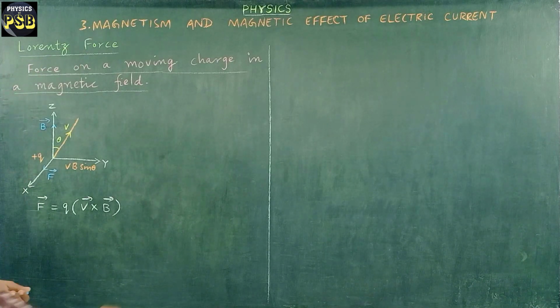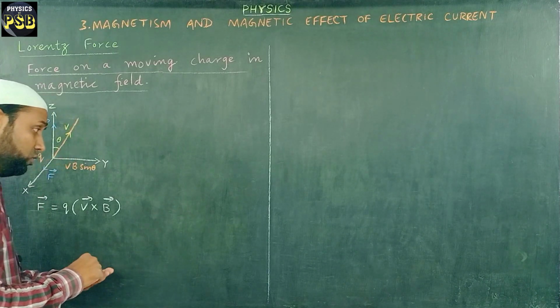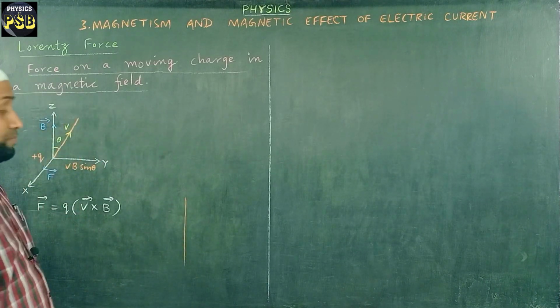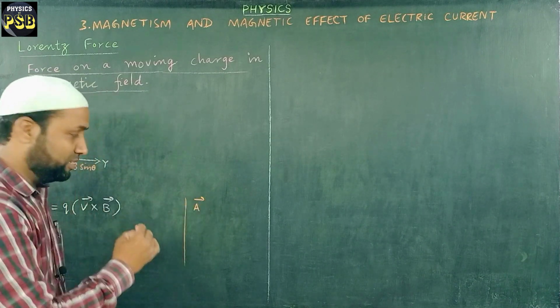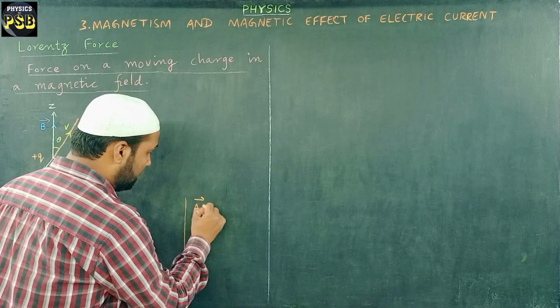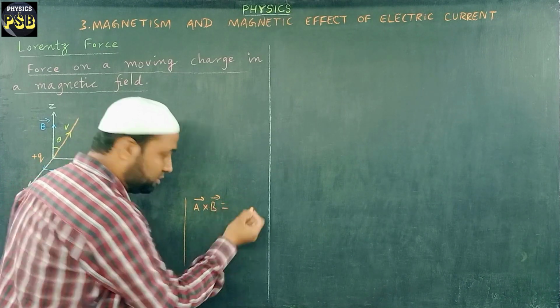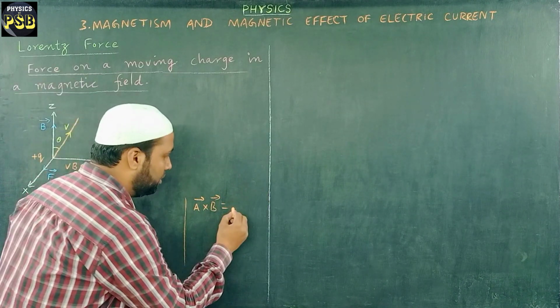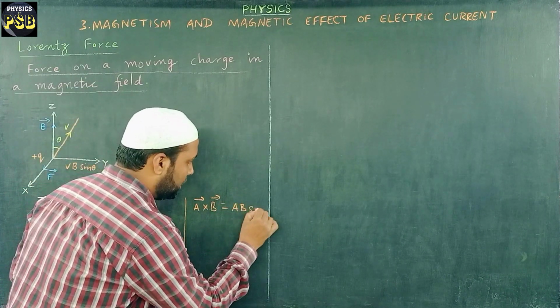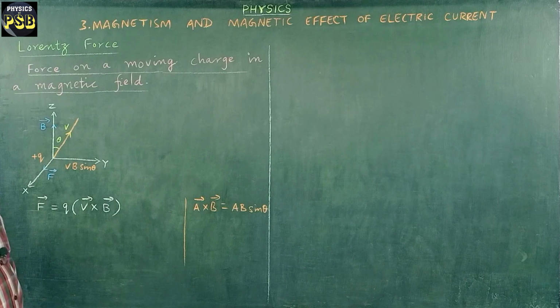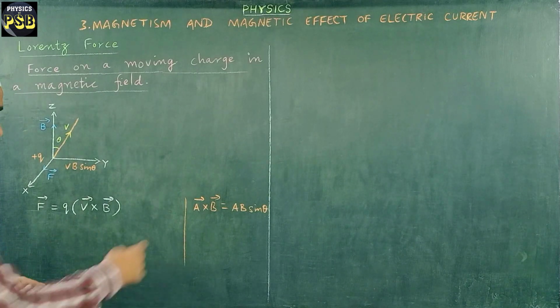Clear? What do we know? We know that the cross product of two vectors, A vector cross B vector, can be expanded as AB sin theta.